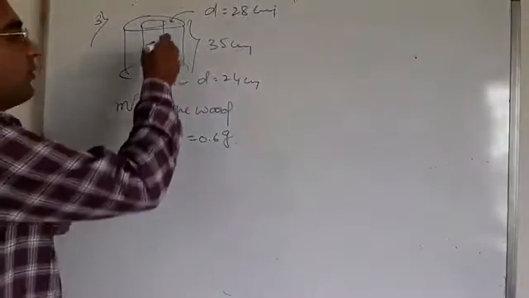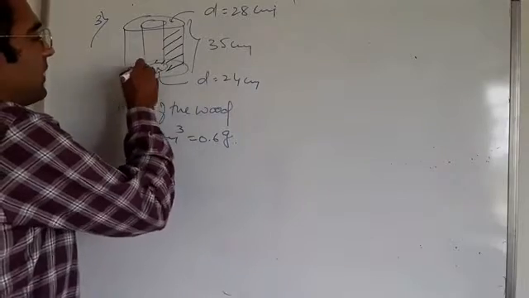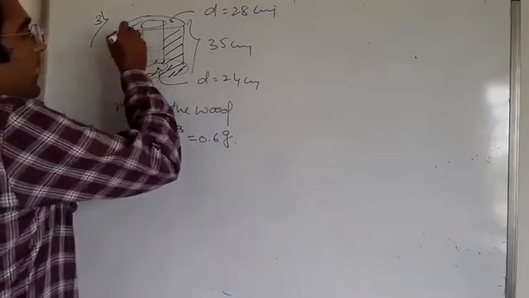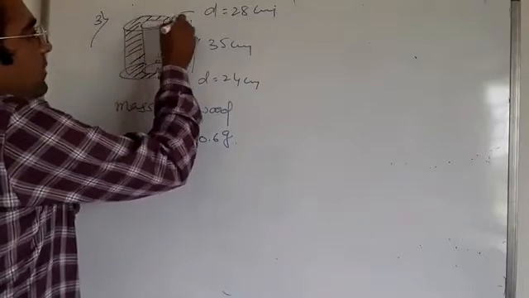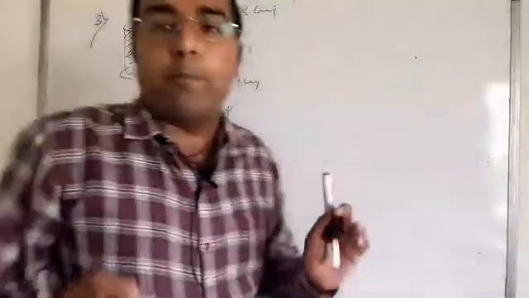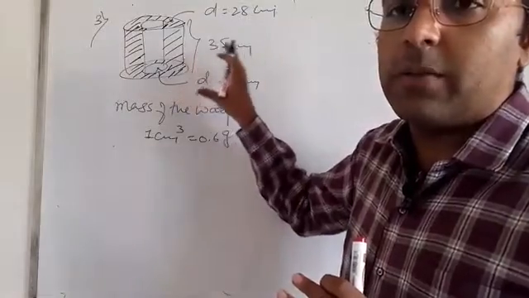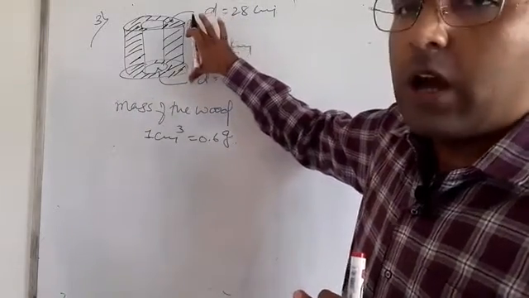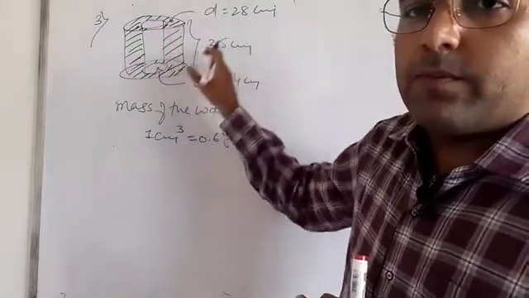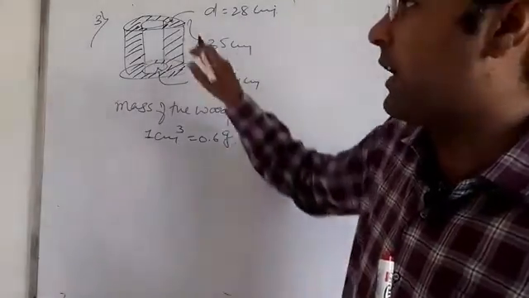First I have to find the volume of this shaded part, which is the remaining part. That is the volume of the outer cylinder minus the volume of the inner cylinder.